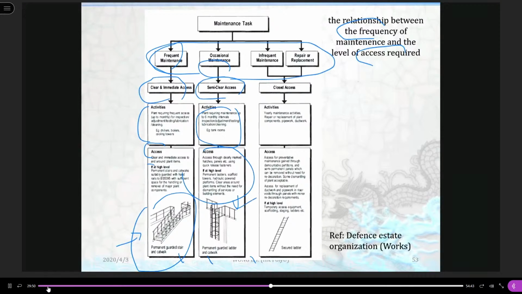For infrequent maintenance, repair, replacement, just once every few years, close access could be considered, and now some secure later, and of course, what is shown here just illustrates the principles for the frequency.